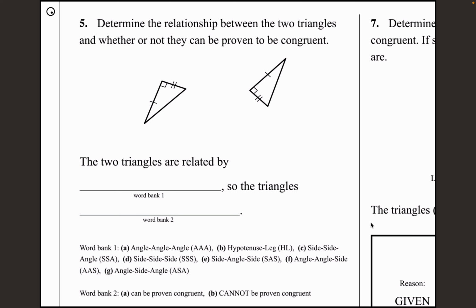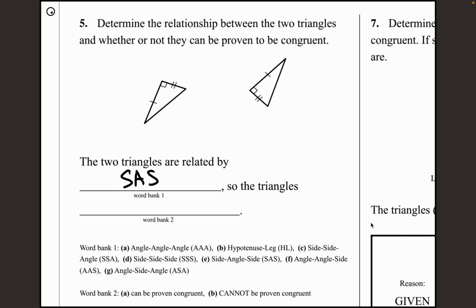But we have this leg and what's in between it? It's a right angle. But if this is a right angle, is this also a right angle? So they're congruent. So what can this be? It's SAS.